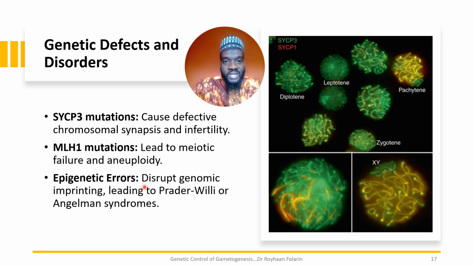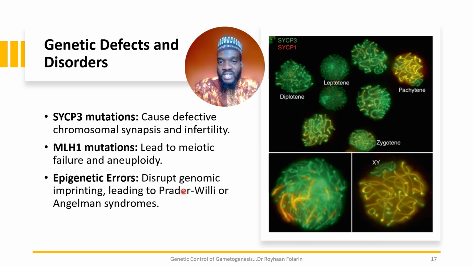So in the case of Prader-Willi, the paternal allele is affected, leading to hypotonia, developmental delays and obesity, while Angelman syndrome involves the maternal allele, which is defective and thus results in severe developmental and neurological impairment, including intellectual disability, seizures, and motor dysfunctions.